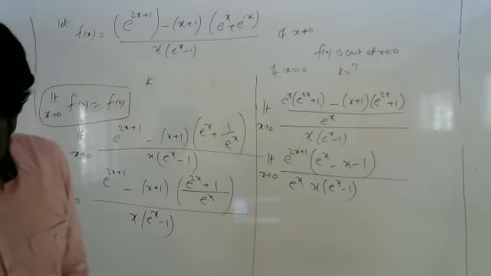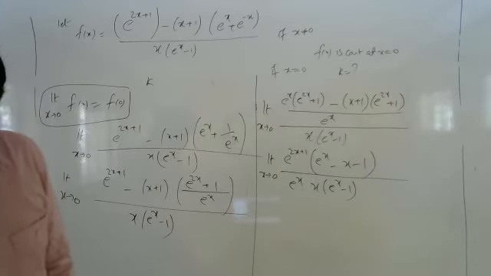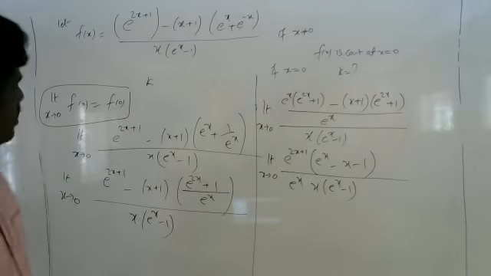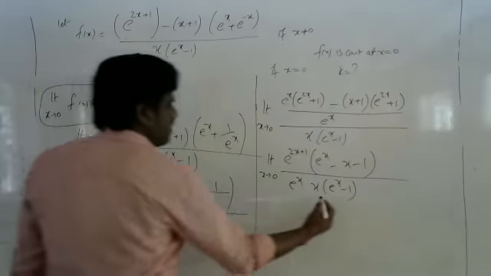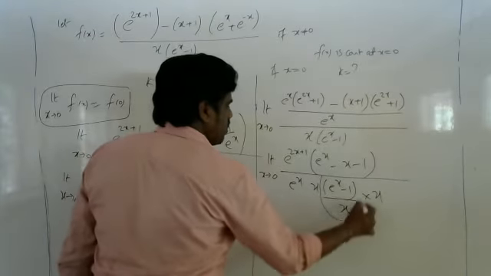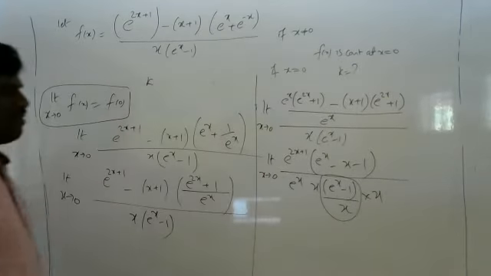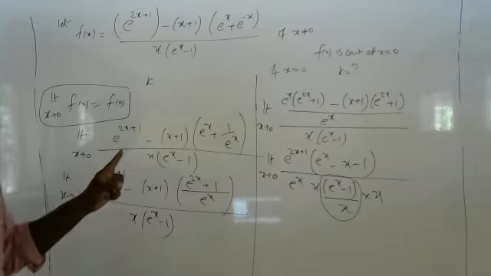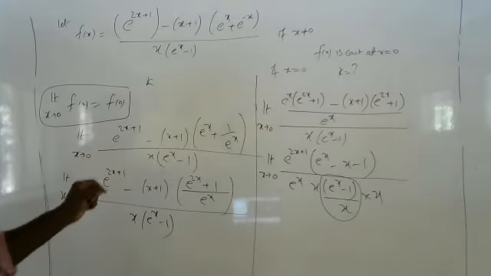Yeah, fine. So here, now you know that e power x by here, I will write by x into x. So limit x tending to 0 of (e power x minus 1) by x is how much? 1. That value will become 1.